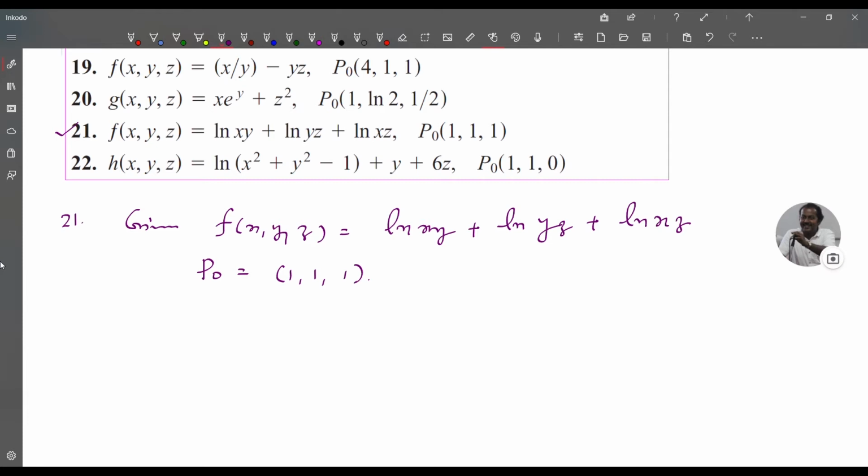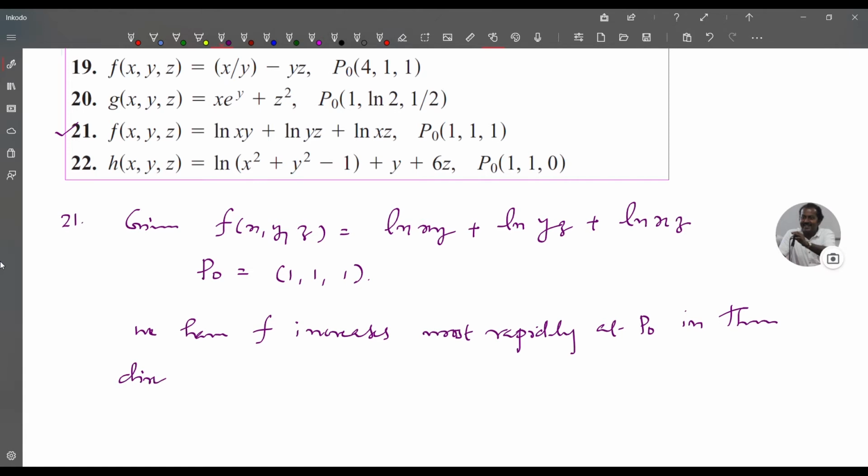We have f increases most rapidly at p naught in the direction of del f at p naught.